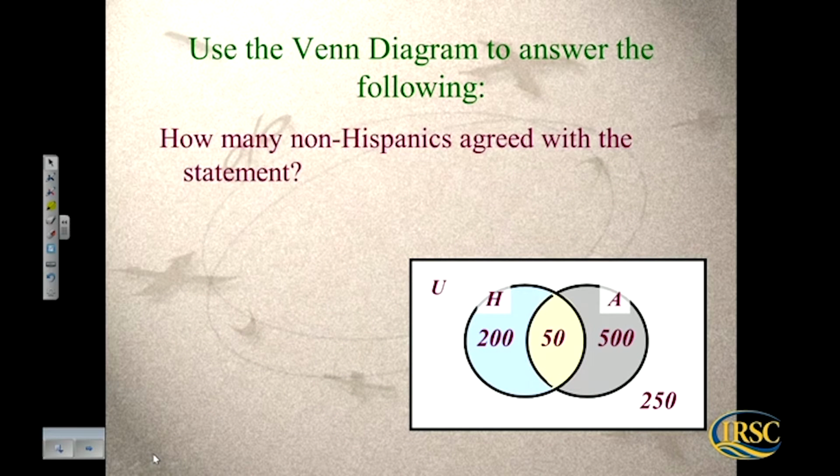how many non-Hispanics agreed with the statement? 500 is correct, good, because the non-Hispanics would be those that are outside the circle for Hispanic, but you also wanted those that agreed, so they have to be inside the circle for agreeing.